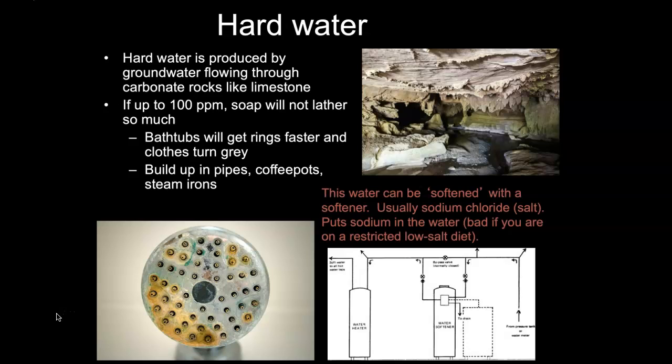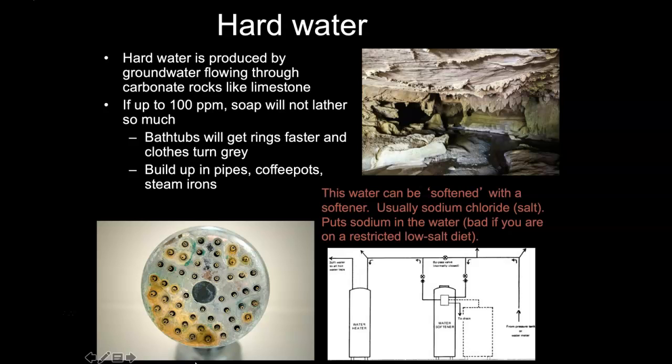That calcium makes it so that soap doesn't lather very well. Bathtubs are going to get rings around them. Clothes might turn gray. It's just an added ion in there that makes the water calcium rich. That calcium can build up in pipes, coffee pots, steam irons. Those can get gunked up by that calcium deposition.